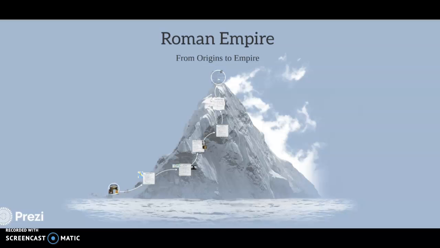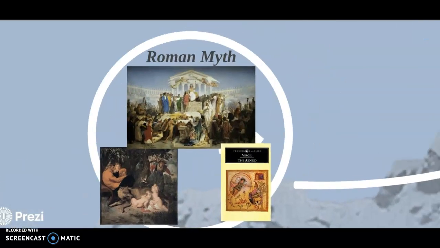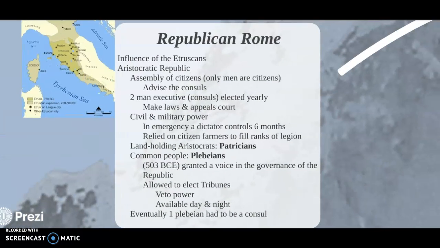All right, with Roman history, we're just going to focus mostly on the setup of the Republic and then the rise of the Emperor. So, the early stage of Roman history goes back to the time of the Etruscans.